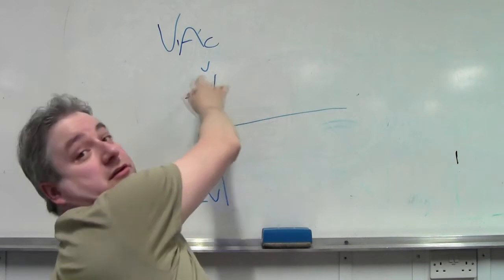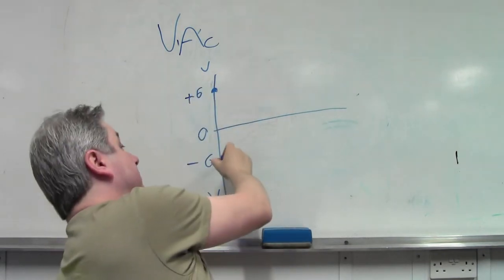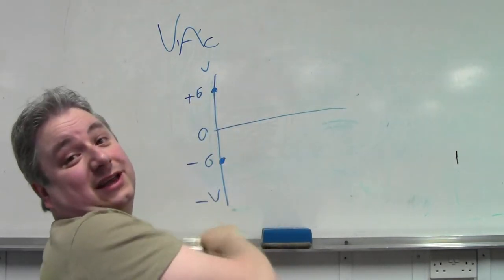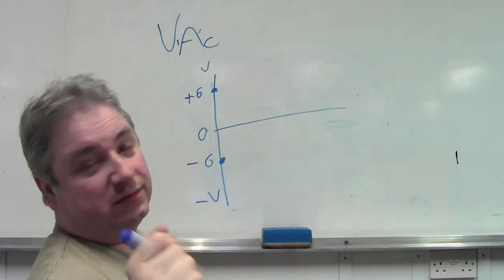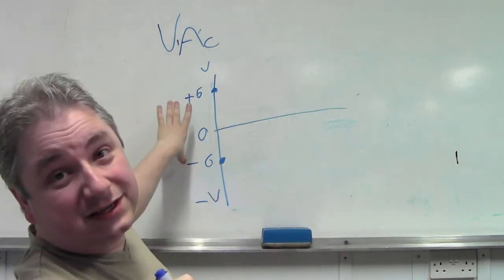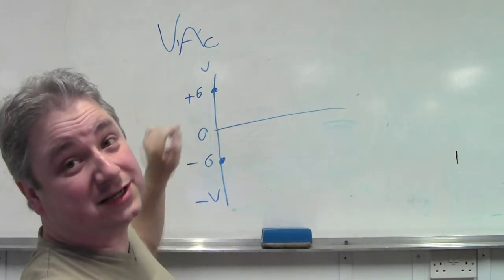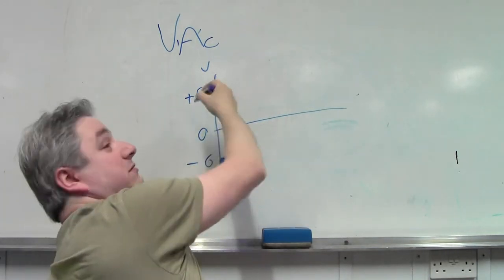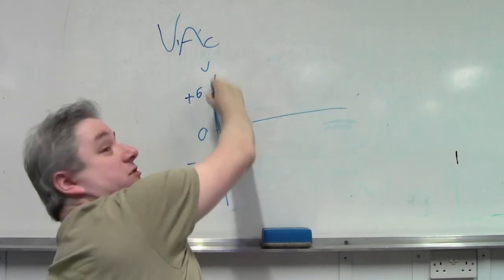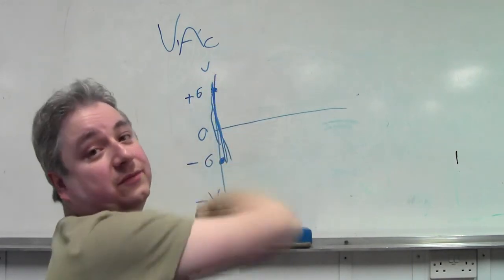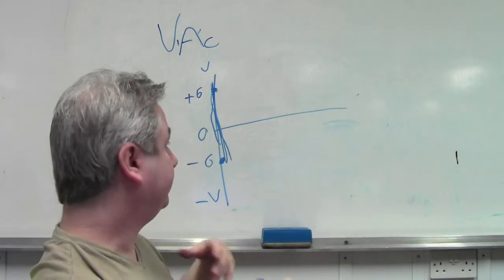So we've got our dot up here and our dot down here. It alternates between those two values, but it's a fixed amount that it alternates between. So from plus 6 to minus 6 in this case, and that dot goes up and down, up and down, up and down continuously.